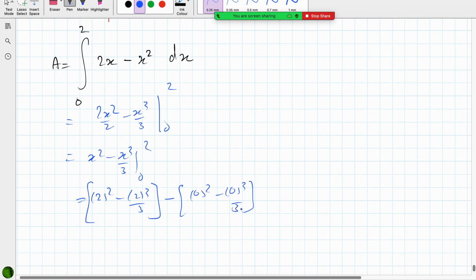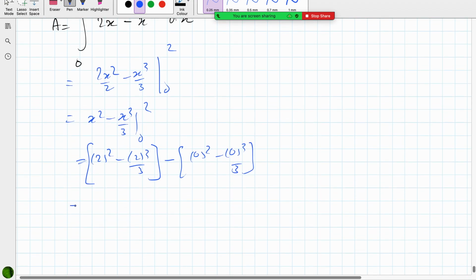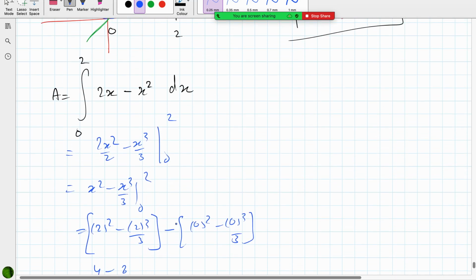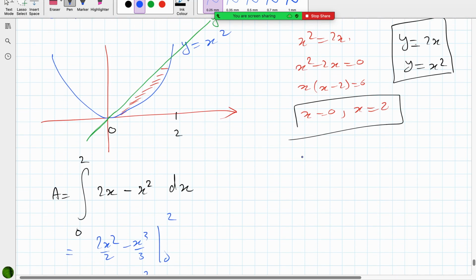We can write 0 directly as well. So 2 square is 4 minus 8 by 3. 12 minus 8 by 3 is 4 by 3 unit square.